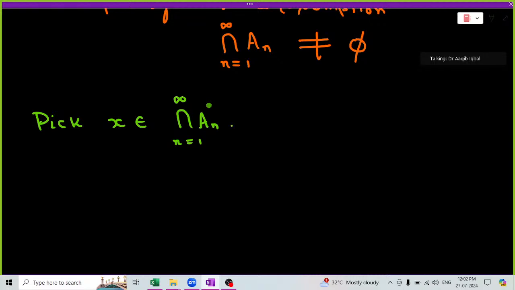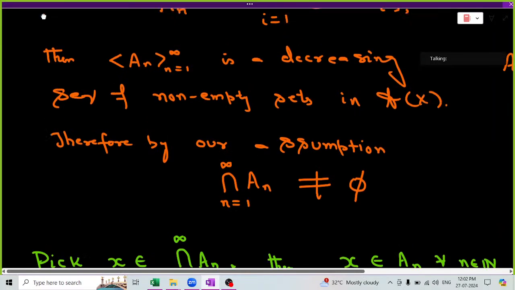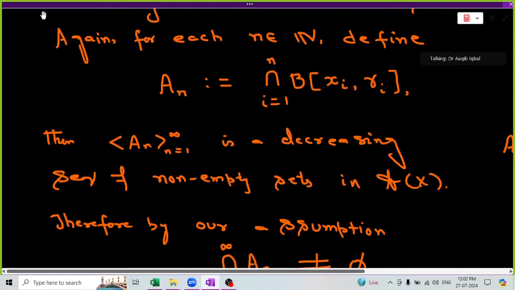Then this x belongs to all the ANs because it is in the intersection. And what is An? An is the intersection of the first n balls, these balls.